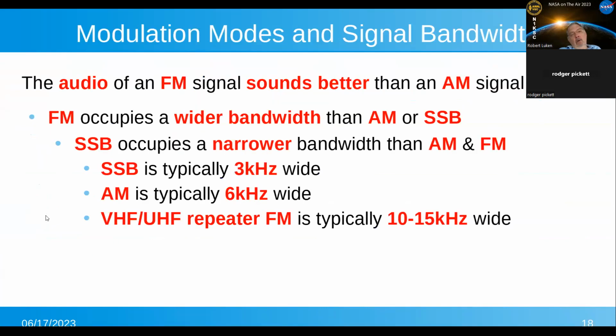Okay. Audio on FM sounds much better than AM if you listen to AM radio versus FM radio. Basically because it has a 12 to 15 kilohertz bandwidth, whereas typical AM radio is about 6 kilohertz.